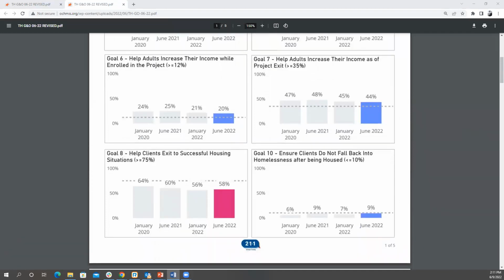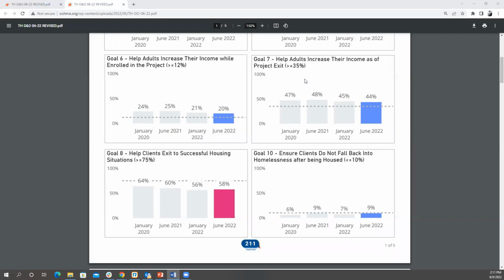All right, goals 6 and 7 are looking at increased income. Goal 6 is looking at those that stayed in the project at the end of the reporting period and increased their income. Goal 7 is looking at those that exited with increased income. We've been consistently meeting these measures for the past couple of years, which is great.